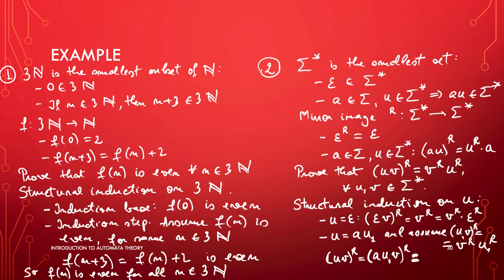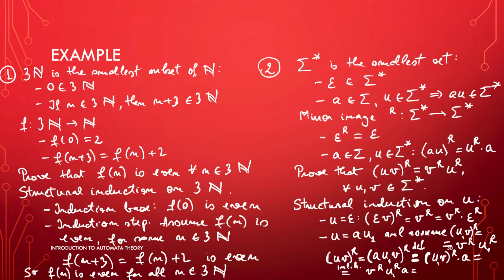So by the definition of the mirror image, this is going to be simply the mirror image of U1V times A. And then by the induction hypothesis, we have that the mirror image of U1V is exactly the reverse image of V times the reverse image of U1, times A.